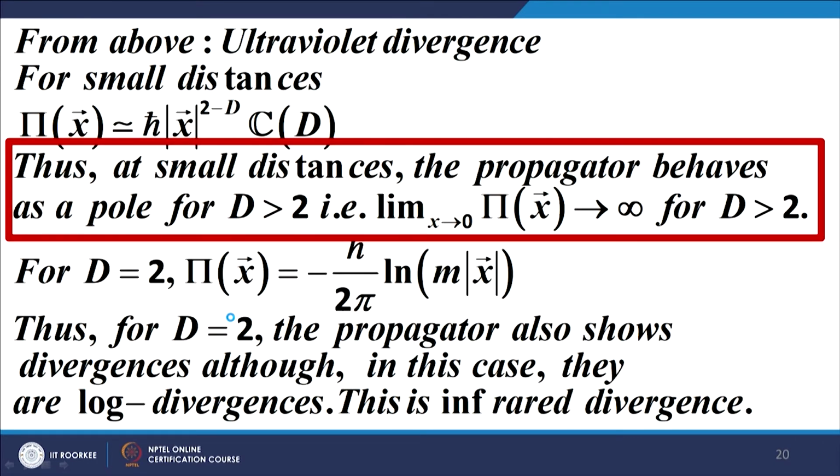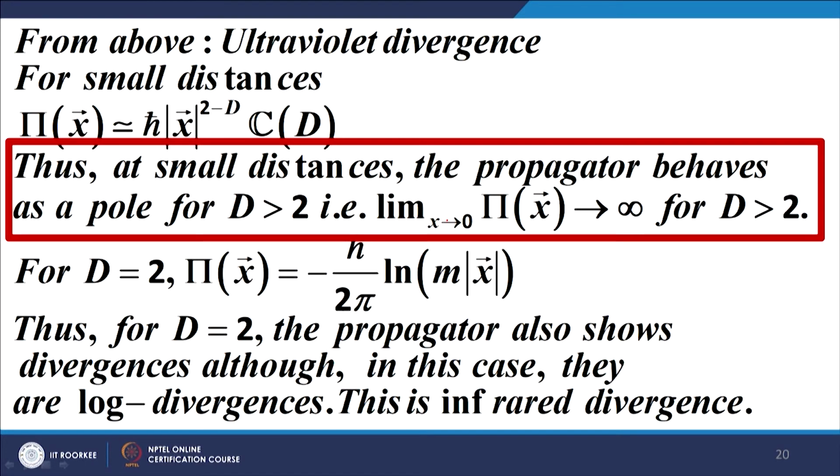Clearly, as x tends to 0 with d greater than 2, the propagator approaches a pole. Therefore, for small distances the propagator behaves as a pole for d greater than 2: in the limit x tending to 0, pi x approaches infinity for d greater than 2.